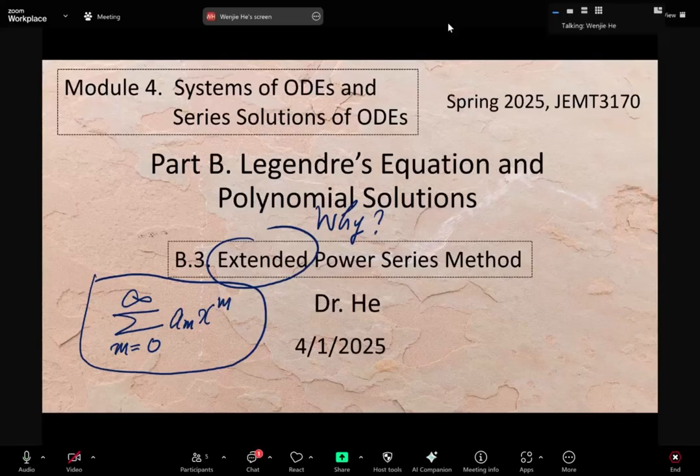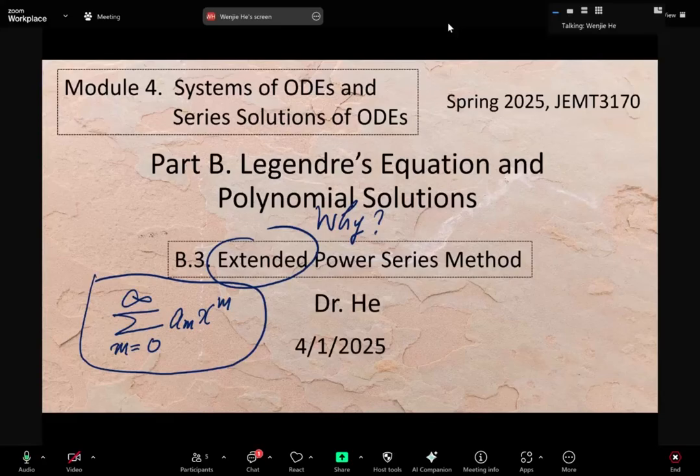The reason is that we want to use the separable method to cover more ODEs. Some ODEs are originally not separable, but after suitable variable substitutions we make them separable, so we can solve more ODEs by the separable method. That's the first time.